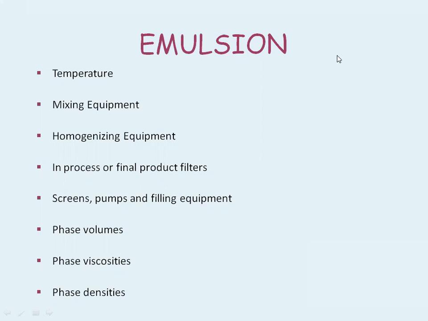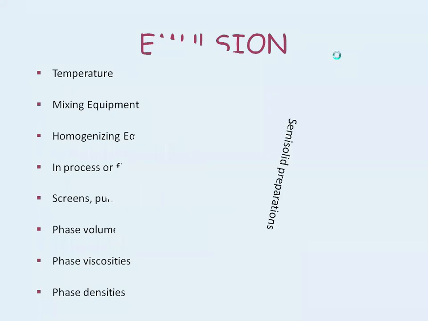So we should have proper mixing equipment for mixing all the ingredients, then homogenizing equipment, then final product filters if we require, then screen pumps for the movement of the liquids. All these are the requirements for the emulsion dosage forms.